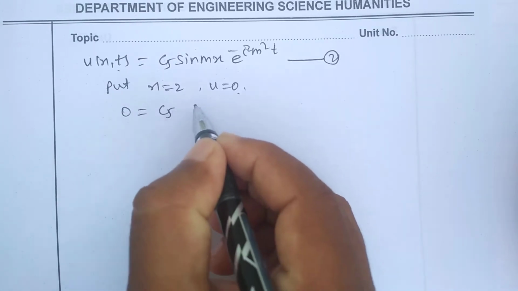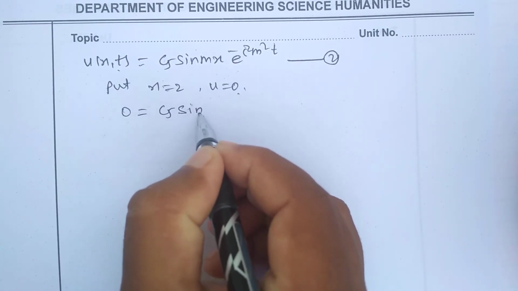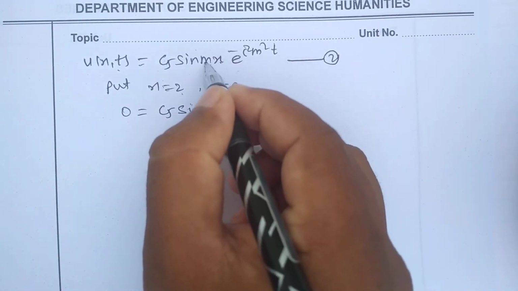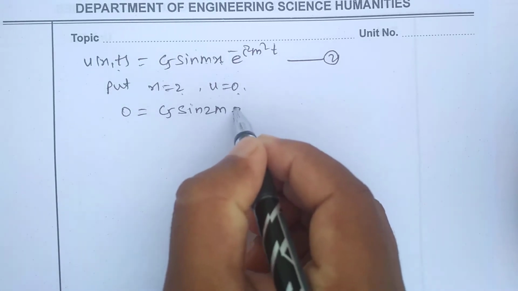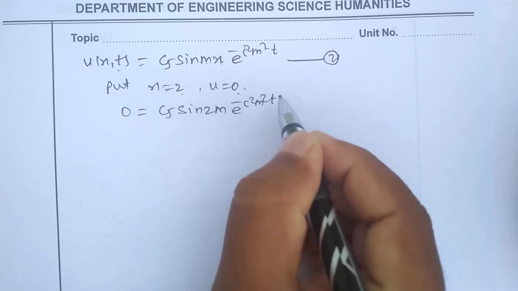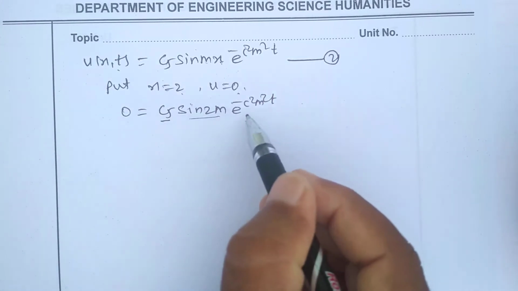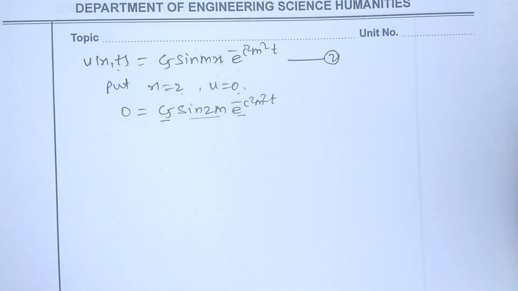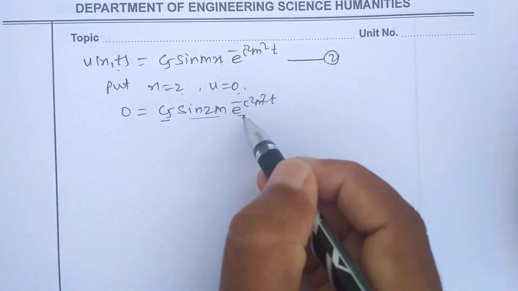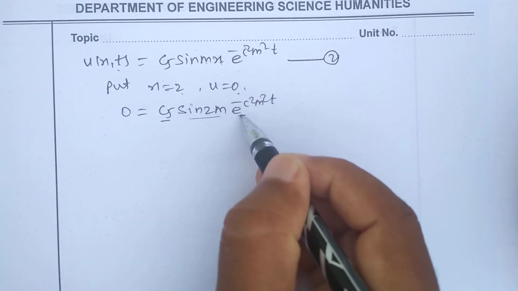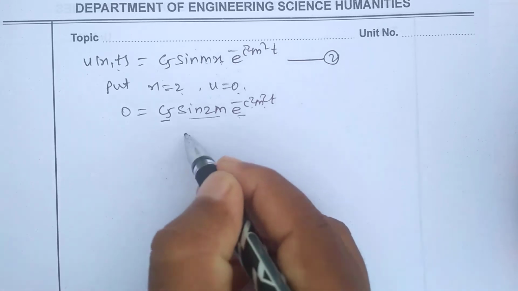In the right hand side, c5 into sin of m into 2, that is 2m, into e^(-c²m²t). Now there are three terms: c5, sin 2m, and e^(-c²m²t). Out of that, we have previously already seen that e^(-c²m²t) is not equal to 0.